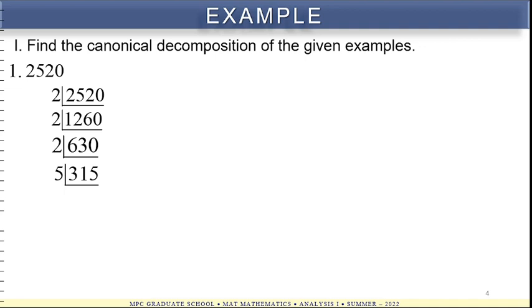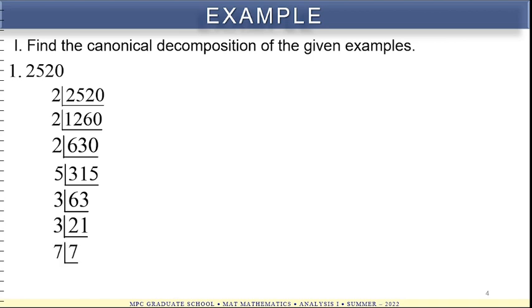However, we know that 315 is divisible by 5. So we can divide 315 by 5. The answer is 63. Okay? And 63 divides by 3, the answer is 21. And 21 divides by 3 is 7.